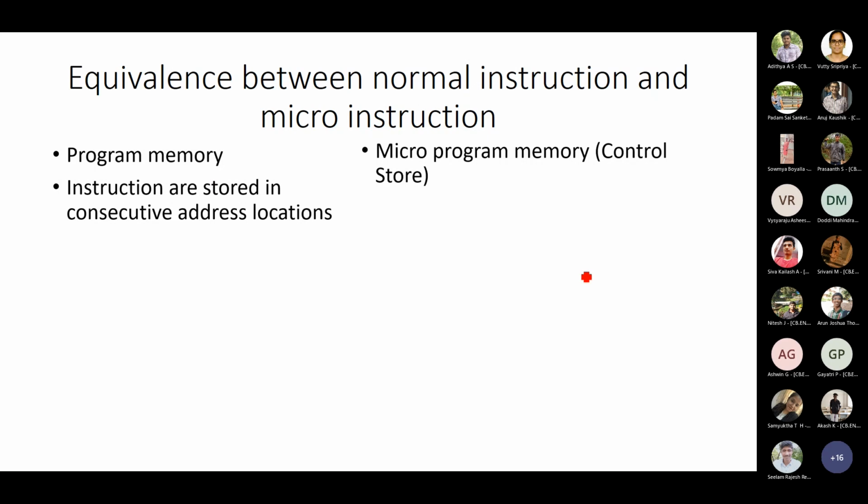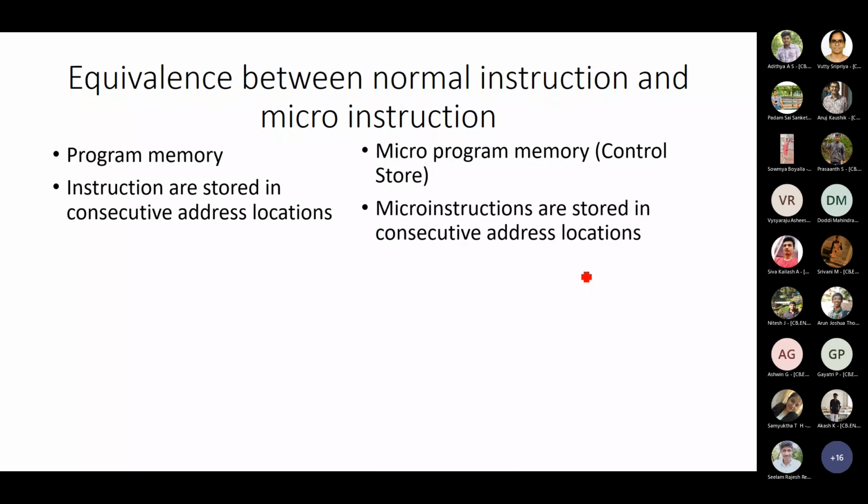Now, another feature of the normal instructions is that the instructions are stored in consecutive address locations in your program memory. Similarly, here also the micro instructions are stored in consecutive address locations. So if you want to execute the add instruction, add R1, R2, all the micro instructions associated with the add R1, R2 will be stored in consecutive address locations.